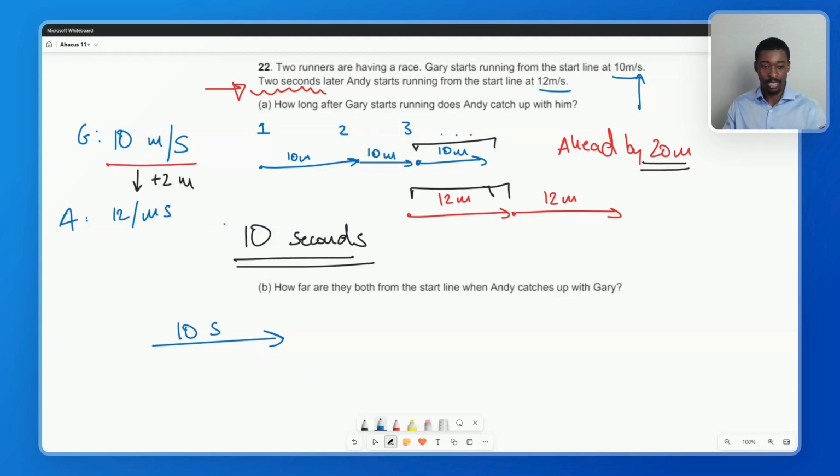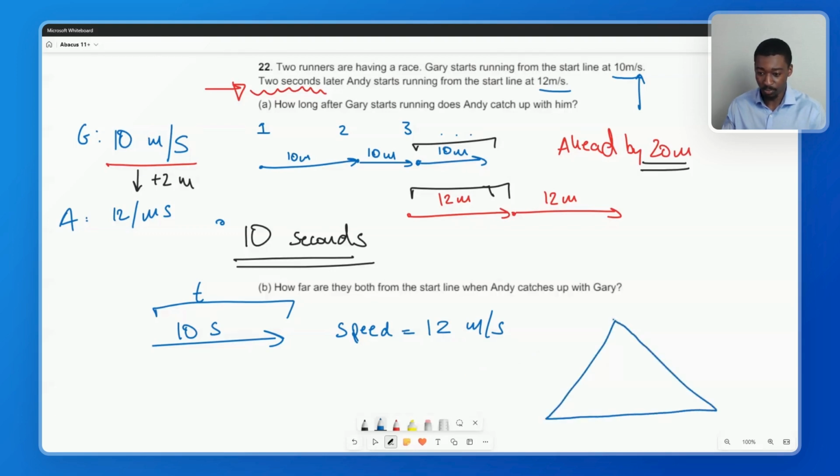We worked that out in part A. So now all we have to do, knowing how long Andy's traveling for at the time, and also knowing his speed, which is 12 meters per second, is work out the distance that Andy covered before he caught up with Gary. And this will be the place where they both meet. That's our answer.